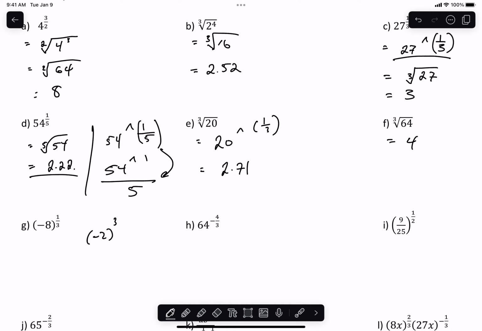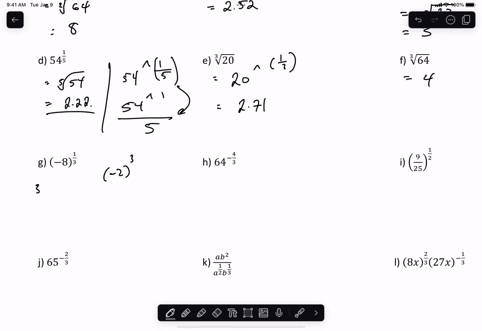So this kind of transcends into the rational exponents as well, right? Like the cubed root, you can take the cubed root of -8 actually. Remember, it's very important for you to ask yourself what is actually happening here.